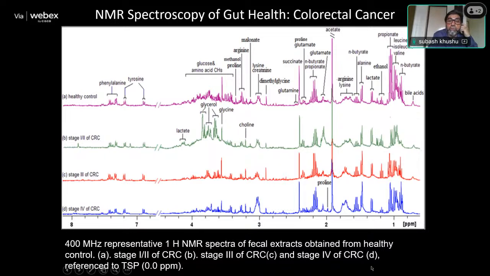They have diagnosed colorectal cancer cases based on the metabolomic approach by looking at different stages, stage 3, stage 4, stage 2, and the healthy control. And they have been able to quantify these parameters in different stages of colorectal cancer.